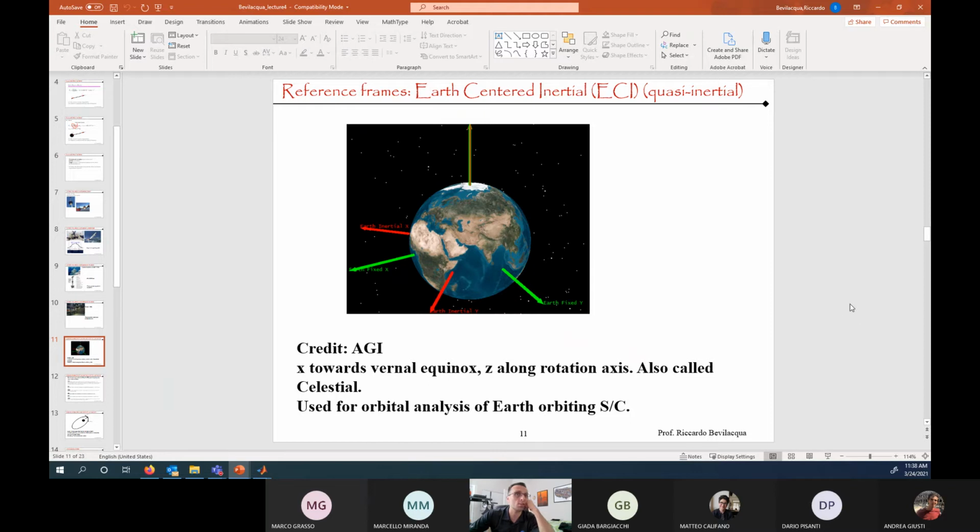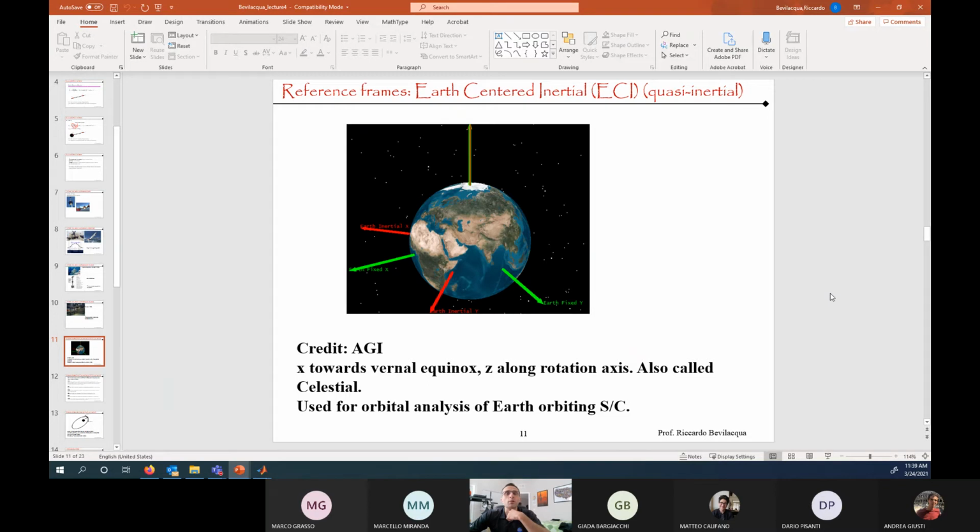It's quasi-inertial because the planet's accelerating. The center of the planet that we use as the origin, as one of the three points for the reference frame, is actually moving on a kind of ellipse, circle if you like, and that is definitely an acceleration.